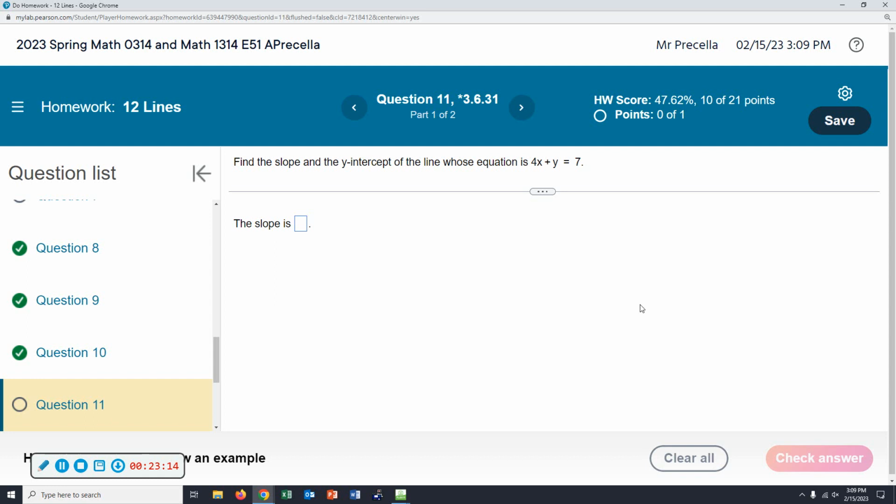Same instructions. Find the slope and the y-intercept. But notice, is that equation solved for y? No, it isn't. Let's write it down.